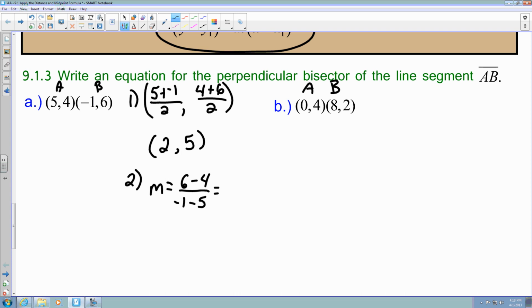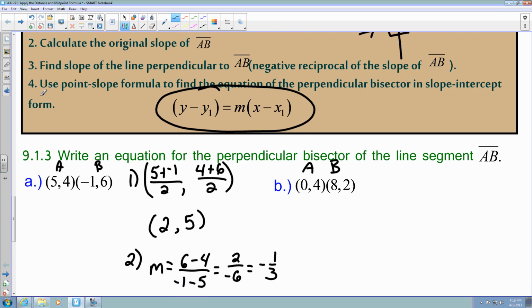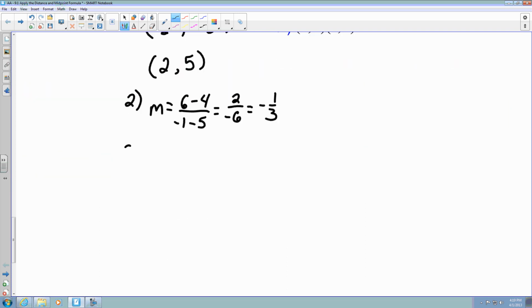And so here would be 2 over negative 6, which is a negative 1/3. And then third step would be to find the slope of the negative reciprocal. So the negative reciprocal here would be a positive 3.